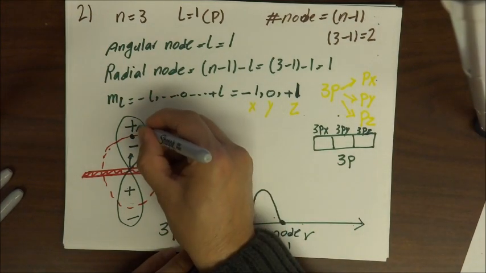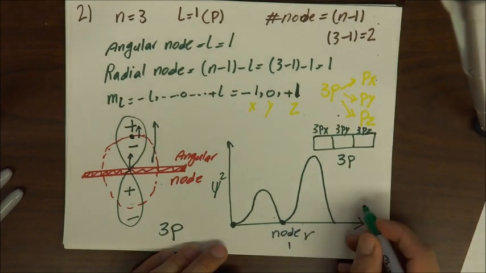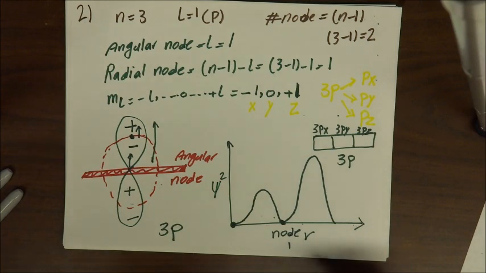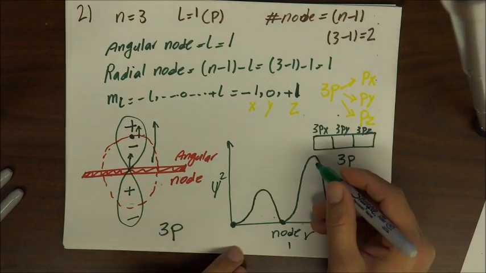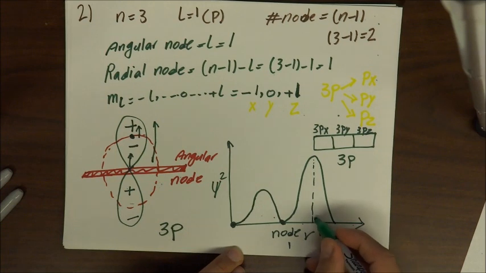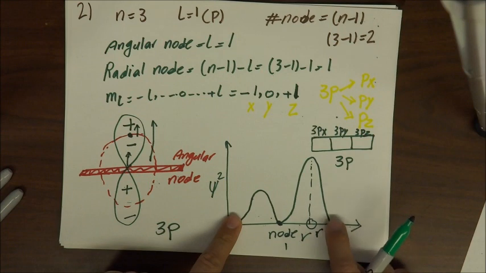Then you pass the node, you build a bigger area to show that there is more chance to find the electron. So any electron in a 3p orbital is hanging around this distance. Cover the initial point and last point. As you see, there is one crossing point, so there is one radial node, and that's true.